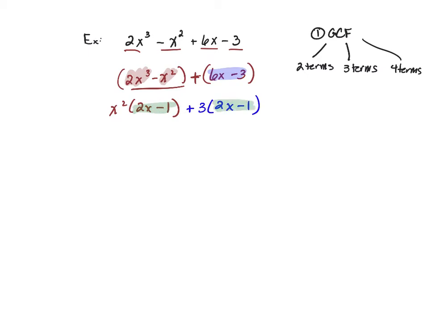And so I'm going to take that factor and pull it out front. 2x minus 1, and when I pull it out of the first term, I'm left with the x squared, and when I pull it out of the second term, I'm left with a plus 3. And so there would be the complete factorization of that expression.